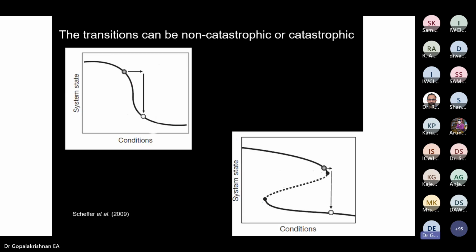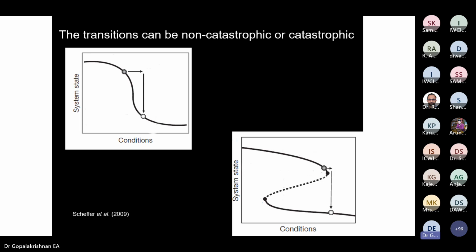Now, what are the types of transitions that we will see? During the introduction, Dr. Rahul mentioned that my area of interest is catastrophic transitions. To motivate what catastrophic transitions are, you could see here that there is a condition and there is a system, and you are changing the conditions of the system.